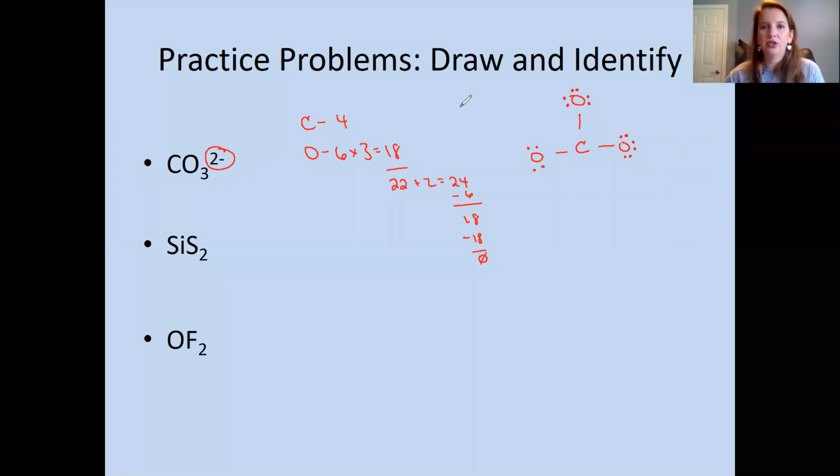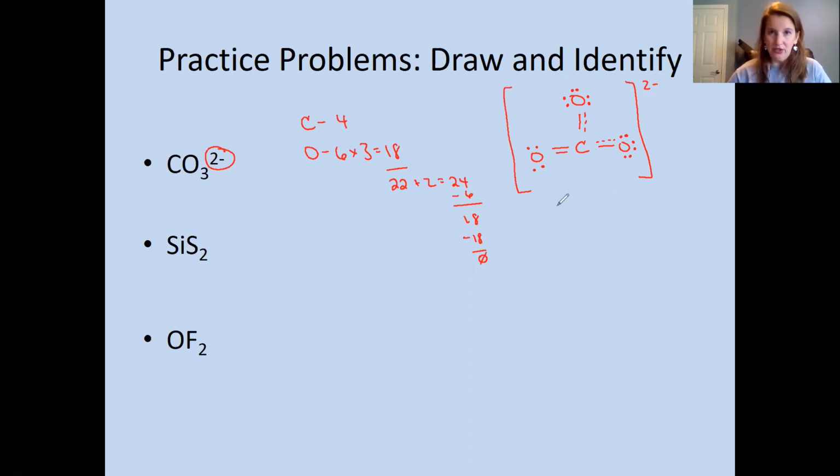And then we want to draw our double bond, but because this double bond could exist in any location, we want to draw resonance using dotted lines to all of the other atoms where that double bond could exist. We want to put brackets around it because it has resonance and because it's a polyatomic ion.